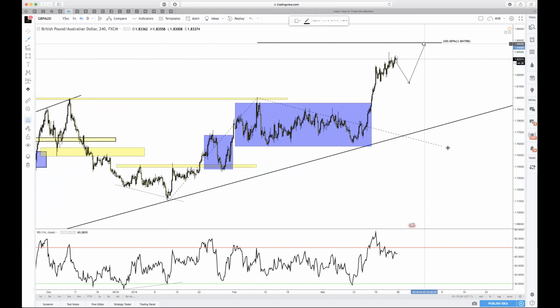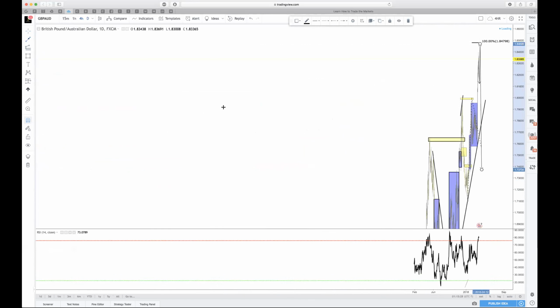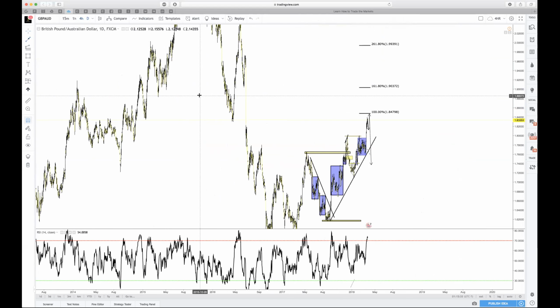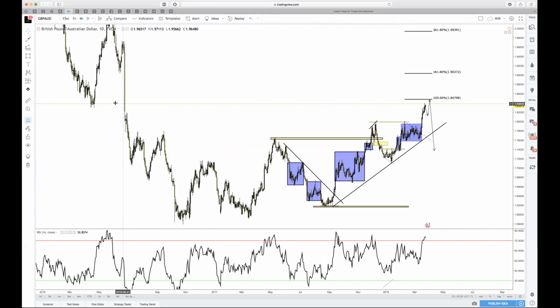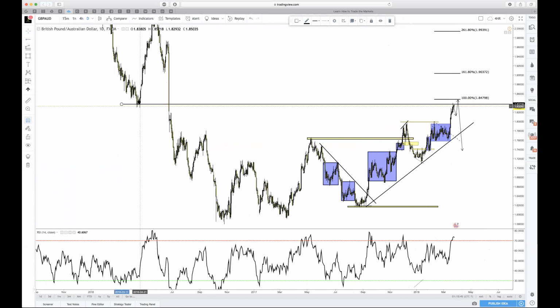But there might be a resistance zone. So let me check if there's a resistance. Okay, there. On a daily time frame, there is a resistance right here. Right about there. Okay, that's basically the support for this price, but this is the resistance.